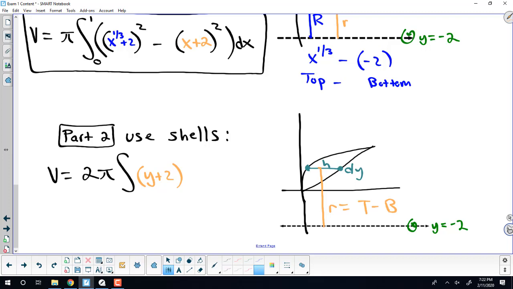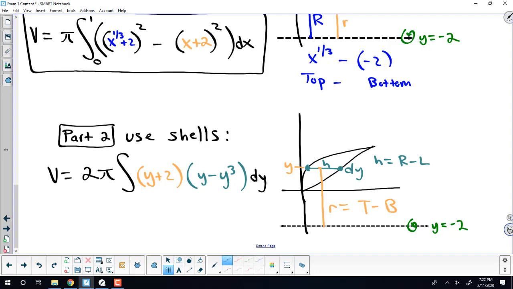This value here at the top is just some y value. Okay, 2 pi r h, again, right minus left. So I think we did that earlier.